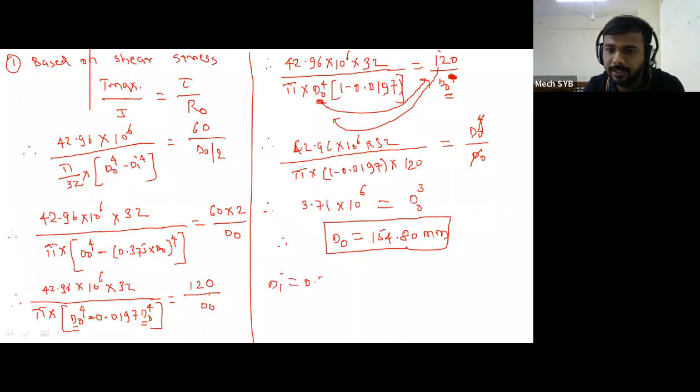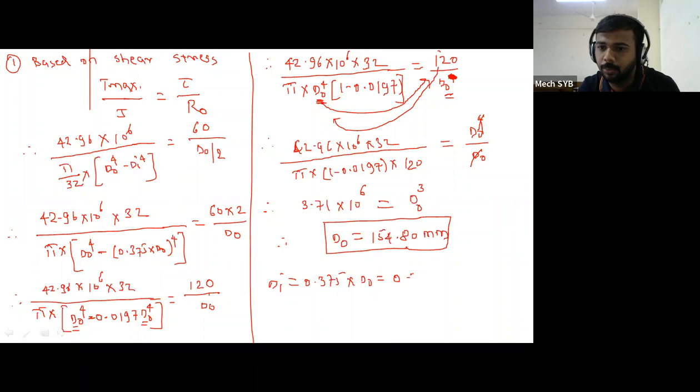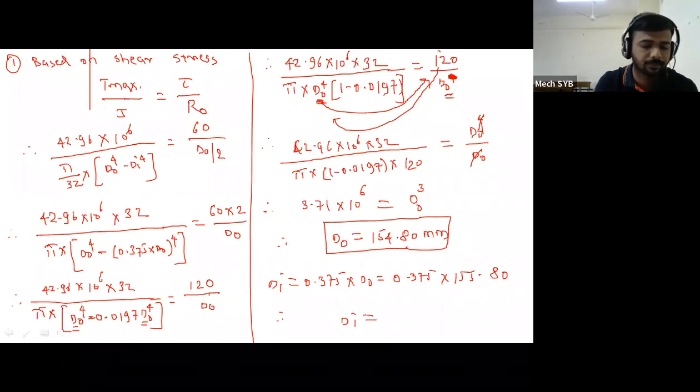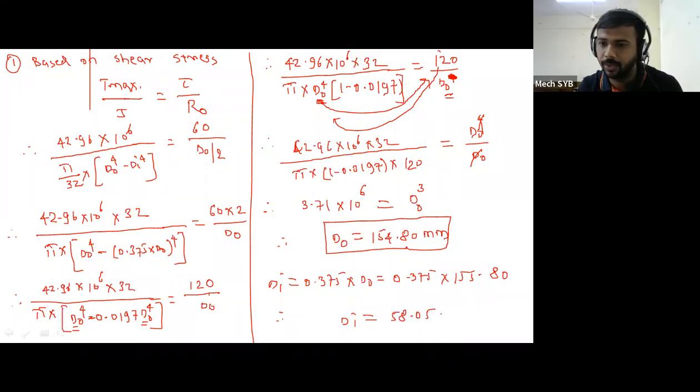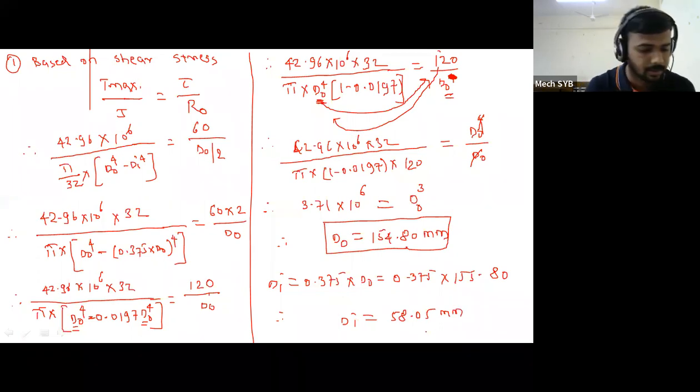So 0.375 into DO is equal to 0.375 into 155.80 is equal to, what is the DI value? 58.05. 58.05. Yeah. Check this answer also.